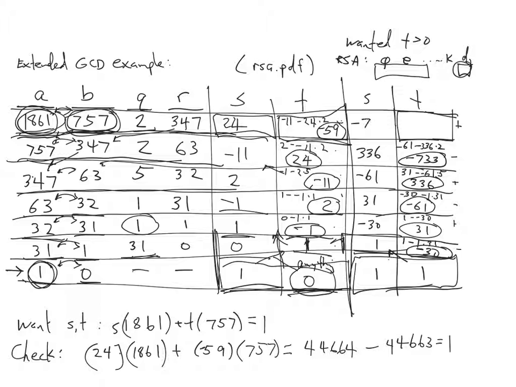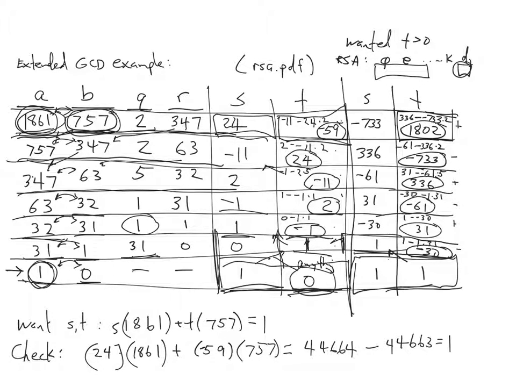So we end up with minus 733 and 336 minus 733 times 2. All right, so 733 times 2 is 1466. Plus 336, so 1802.